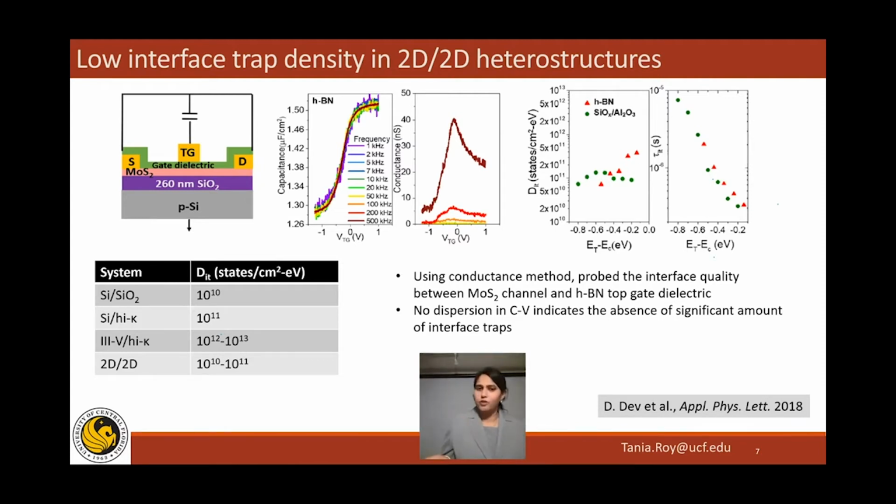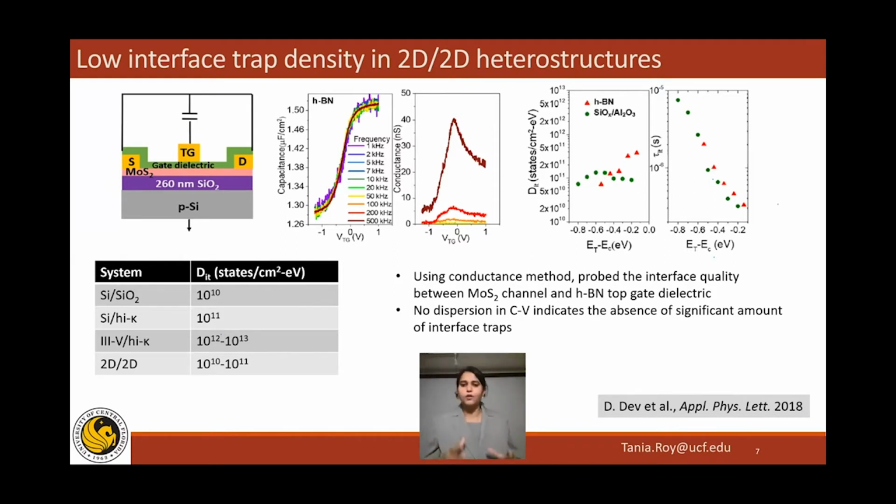When we performed CV measurements, we saw very low dispersion, which was indicative of low trap density. We used the conductance method to extract the trap densities, and we found really good numbers. The trap density at the 2D interface was 10 to the power 10 to 10 to the power 11, which is similar in values to the silicon oxide and silicon high-K interfaces.